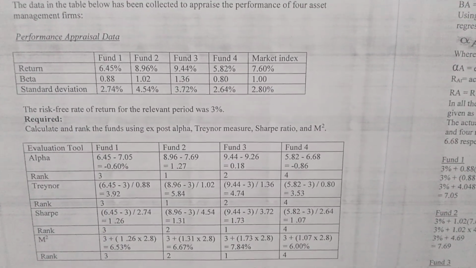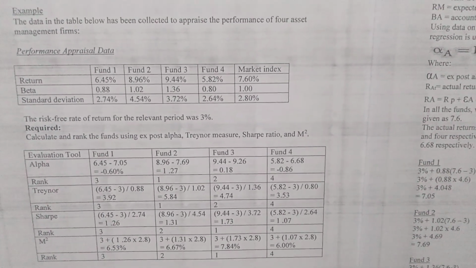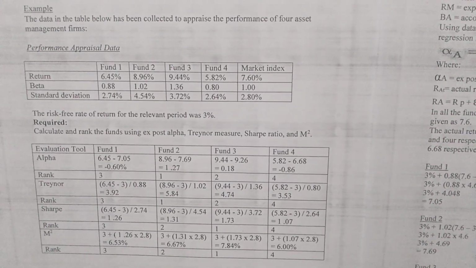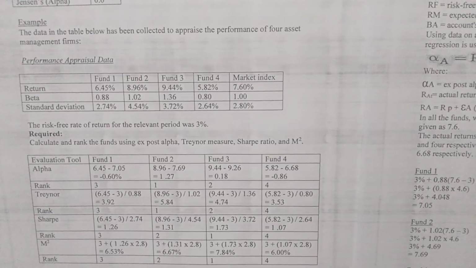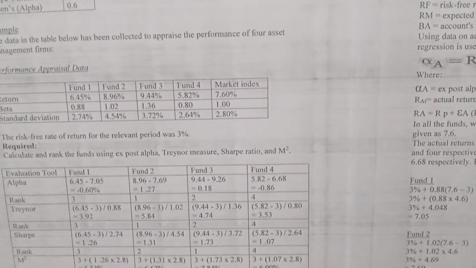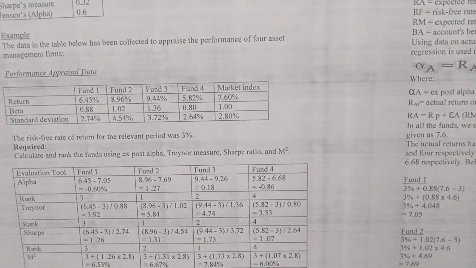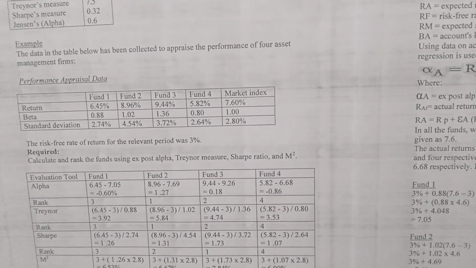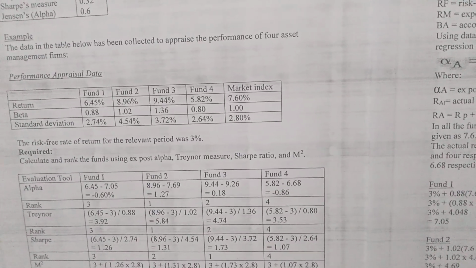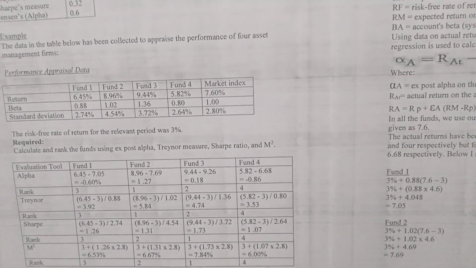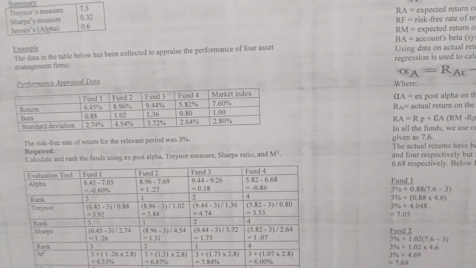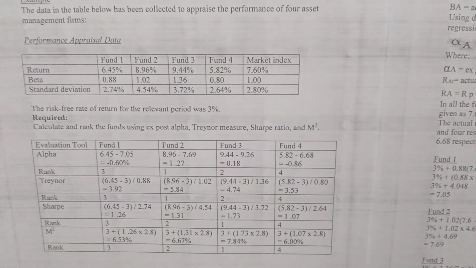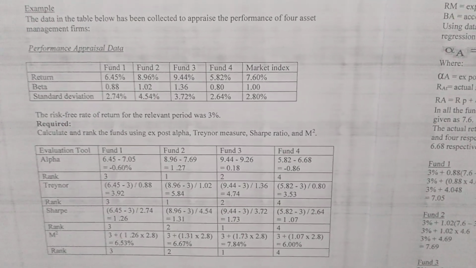And in this video, we are discussing several portfolio performance measures, among others, Treynor's measure, Sharpe's measure, Jensen's measure, appraisal ratio measure, information ratio, and Modigliani and Modigliani, which will be abbreviated as M squared.